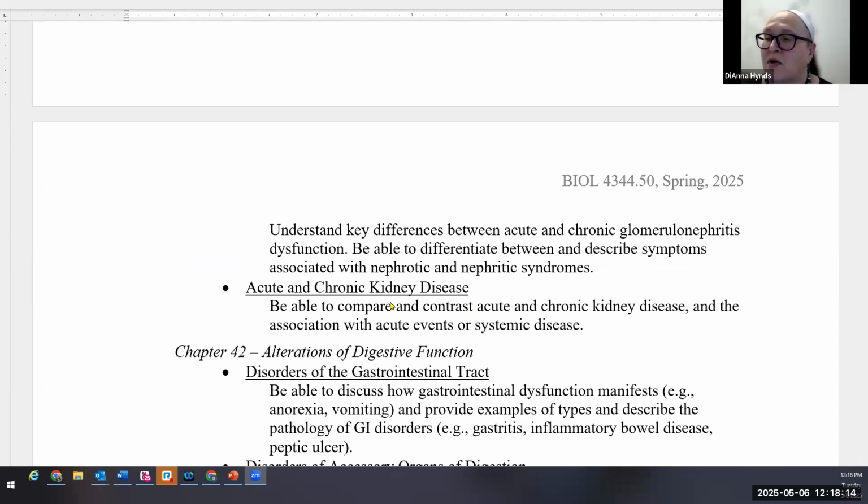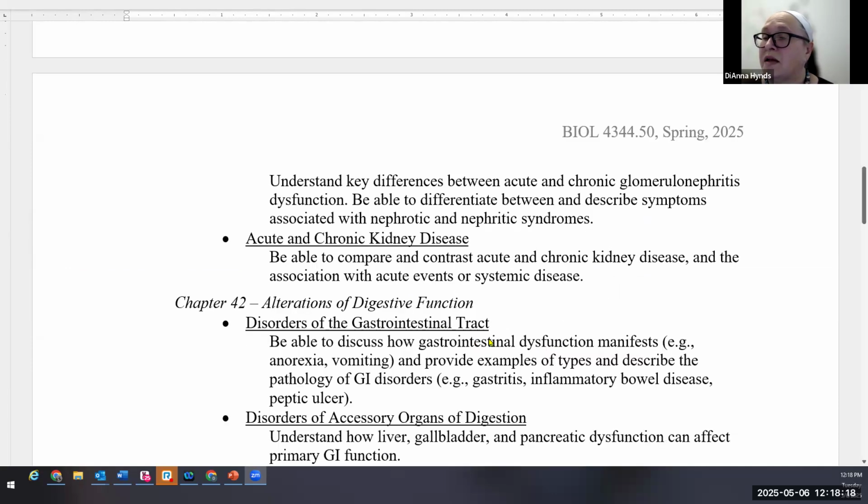And so know a little bit about what nephrotic and nephritic syndromes are. And we're going to go through example questions on this new material. Also be able to compare and contrast acute and chronic kidney disease, and the association with acute events or systemic disease. So all of this was covered in the videos.